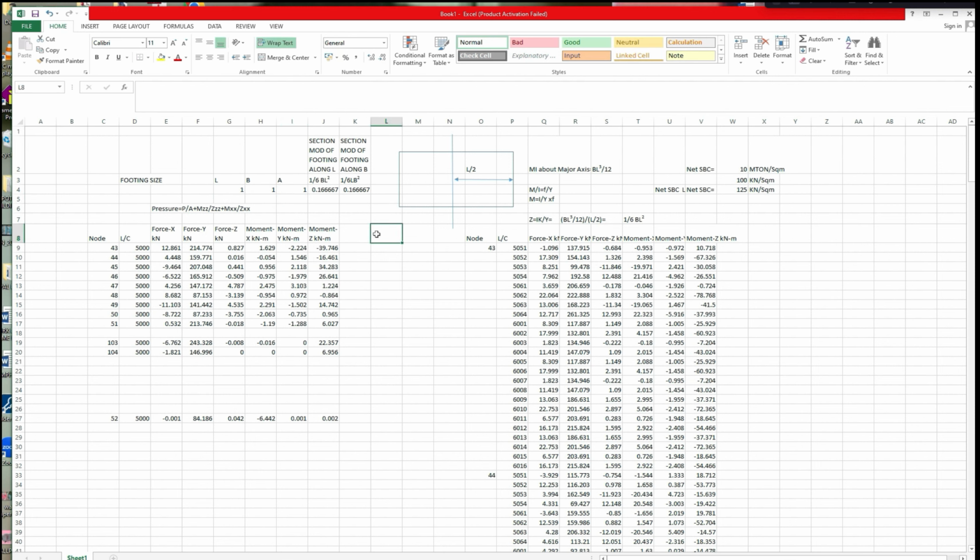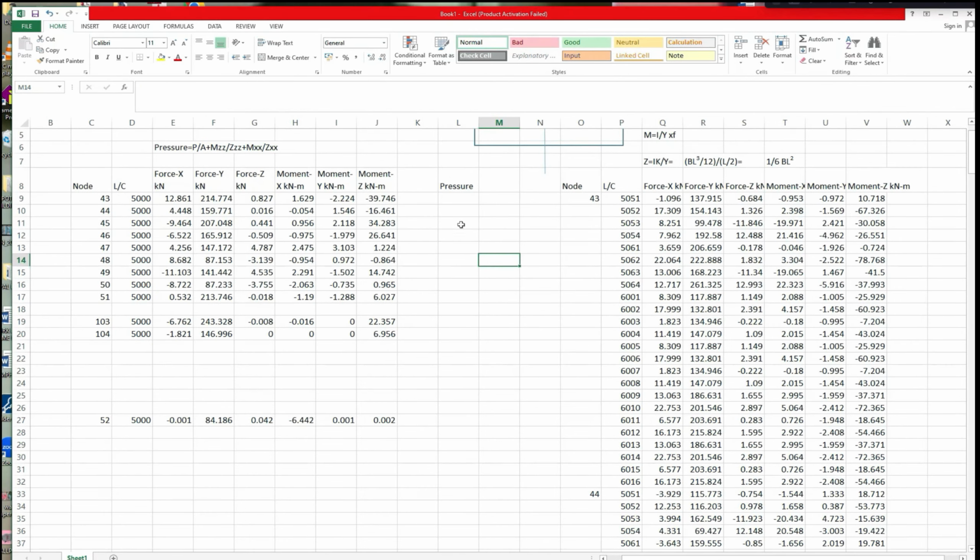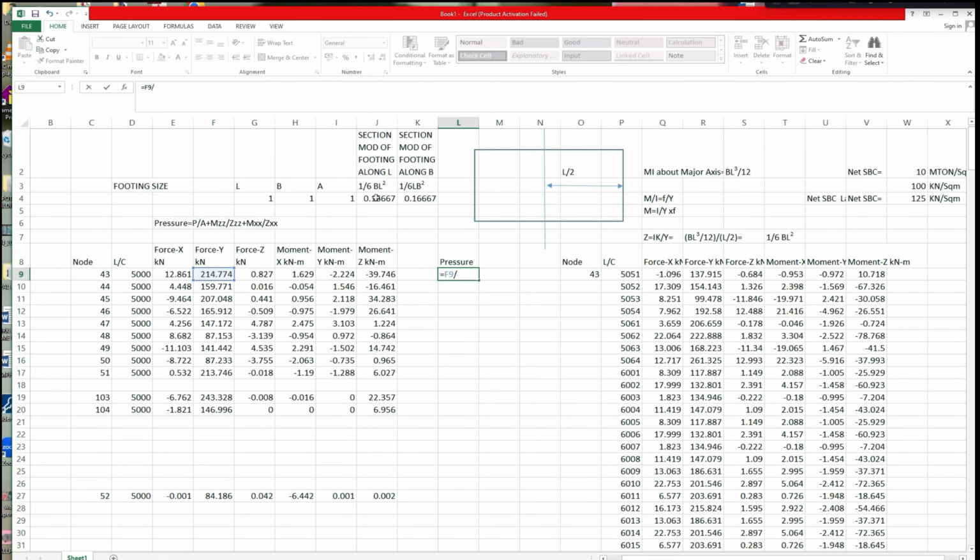So pressure is equal to P, which is our force Y, divided by A, the area. Then we have to take the absolute moment, so that whatever the direction is doesn't matter.